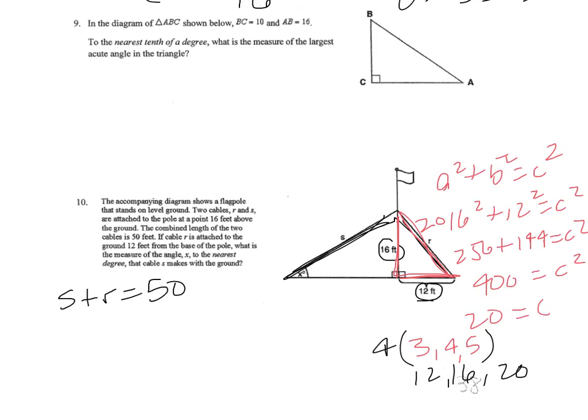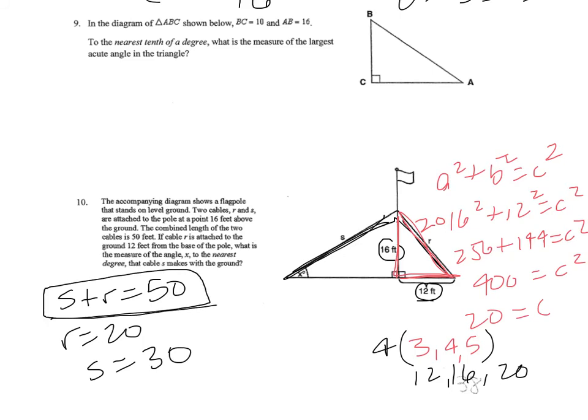Now we know that since R is equal to 20, S must be equal to 30. Again, it says that the sum of the two wires is equal to 50. So this piece is 30, and now we're going to get to the trig finally. This is the angle that we're looking for. So this is my opposite, and this is my hypotenuse.